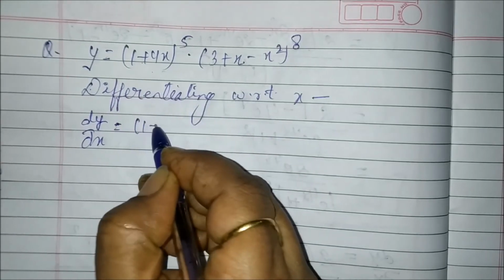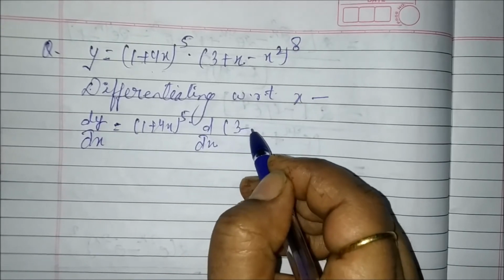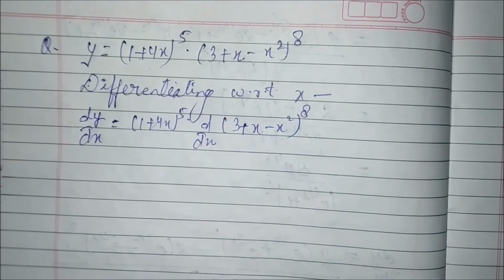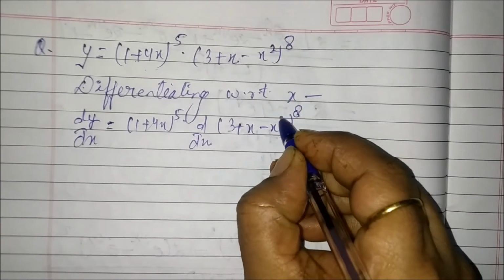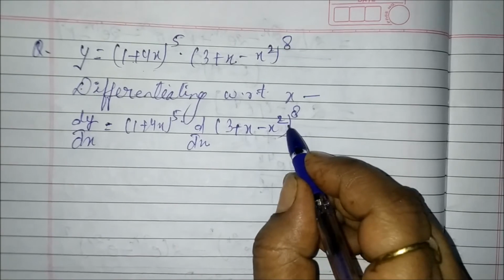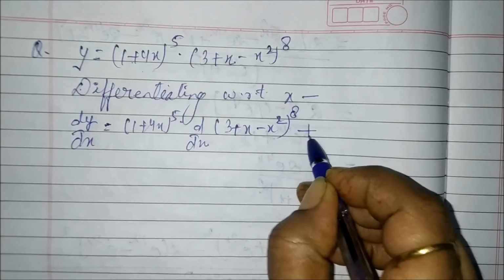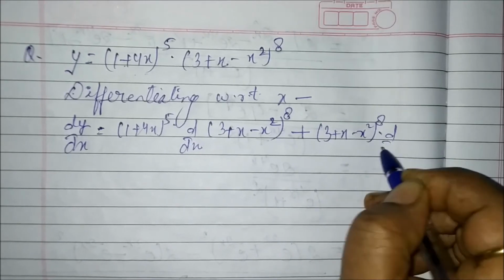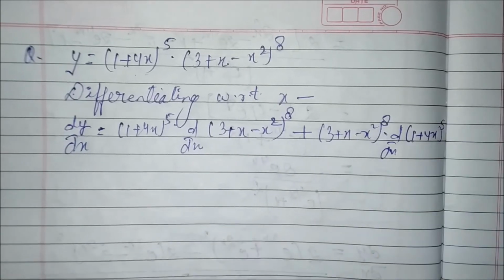So u, copy the u, into d by dx of v. So what is v? (3 plus x minus x square) raised to 8. This is v. Now plus v into d by dx of (1 plus 4x) raised to 5.